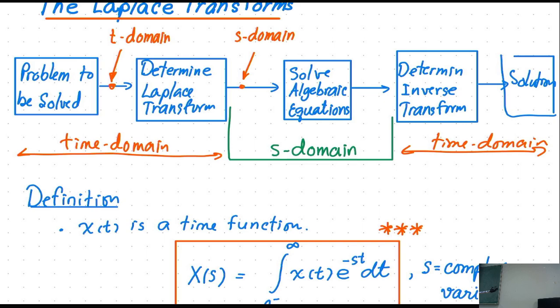And then we did the Laplace transform on that differential equation to transform from the time domain into the S domain, right? And then we solve the algebraic equation in the S domain, as you have seen already. And then we did the inverse Laplace transform of Y(s) into y(t). And finally, we get y(t), which is the problem solved. Okay. So these are the steps that we took.